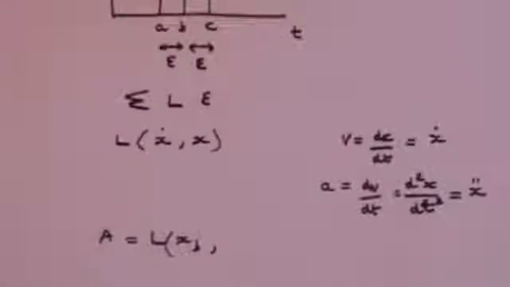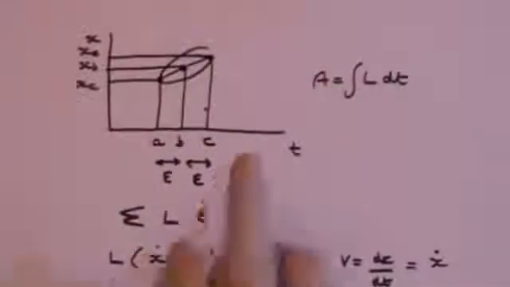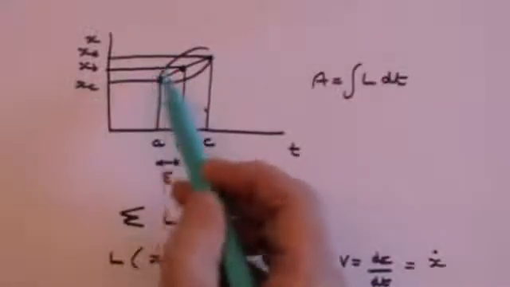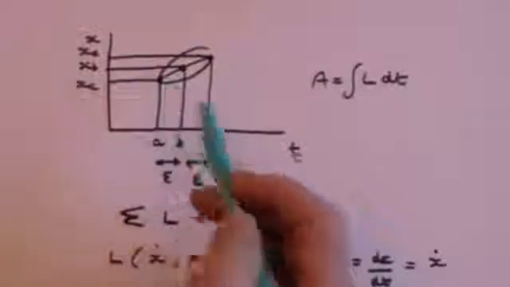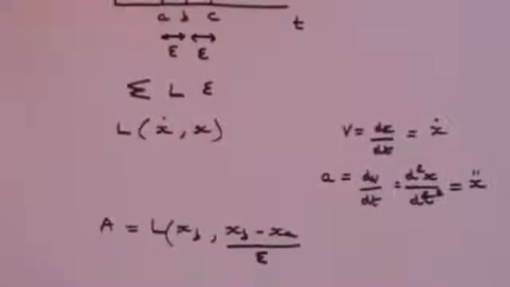And then what about the velocity? Well, the velocity will simply be the distance divided by the time. The distance is xb minus xa, that's how far up it goes, in time epsilon. So the velocity is xb minus xa divided by epsilon. And that's, as it were, the Lagrangian associated with going from A to B.